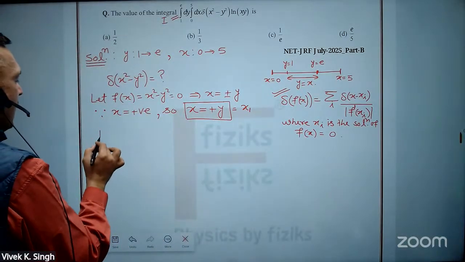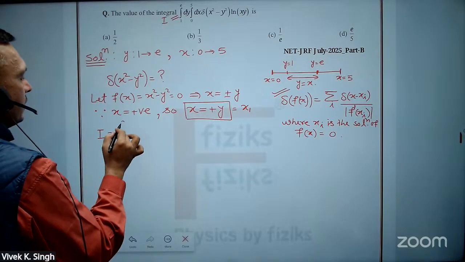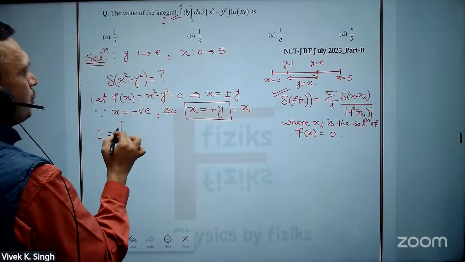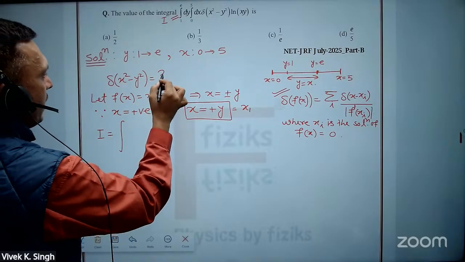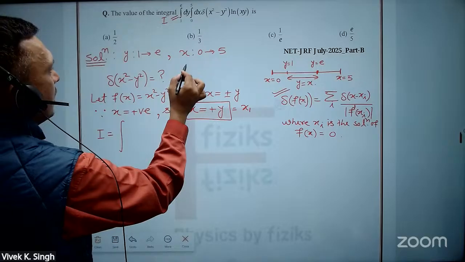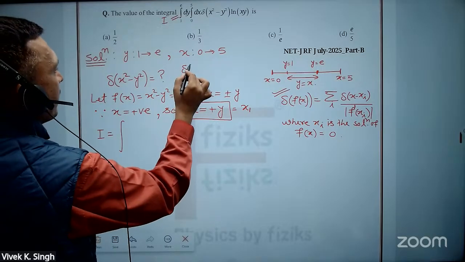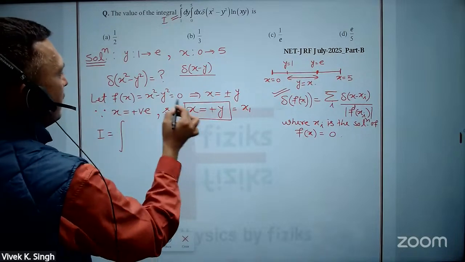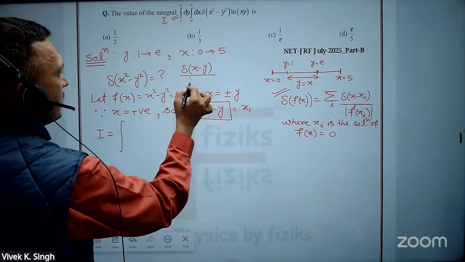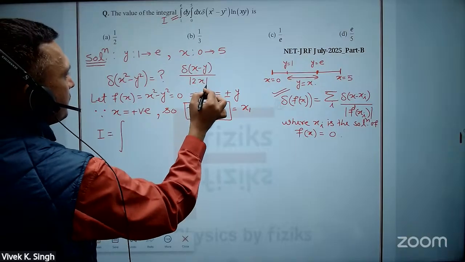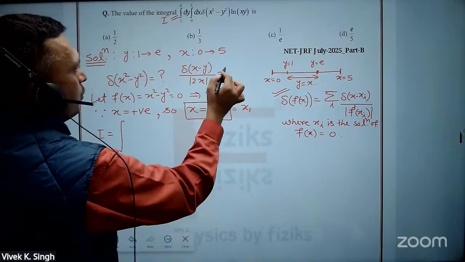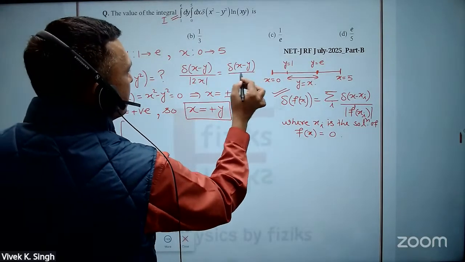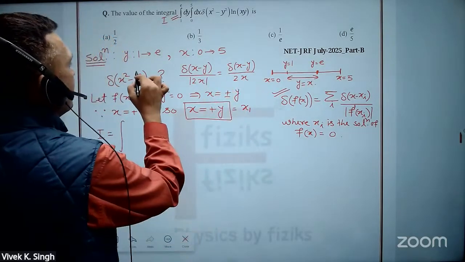So you should write this as delta of x minus y divided by mod f dash x, that is mod 2x. Because x is positive, it is delta of x minus y by 2x.